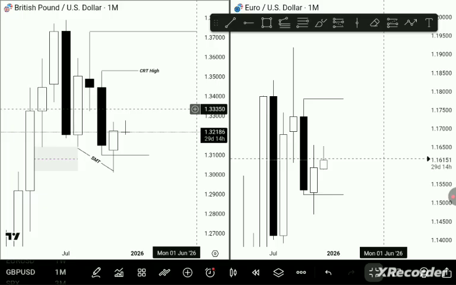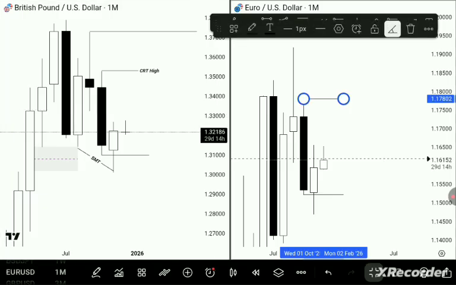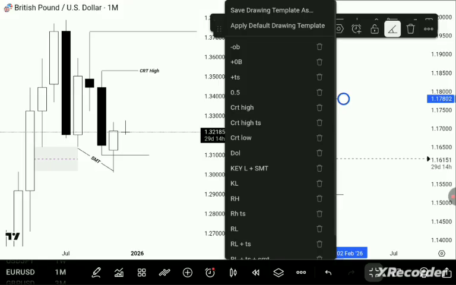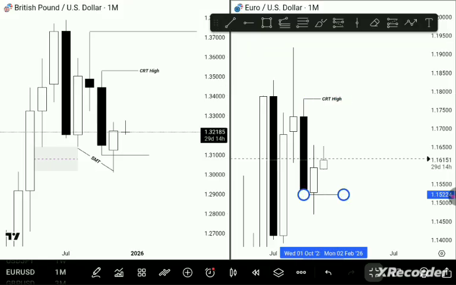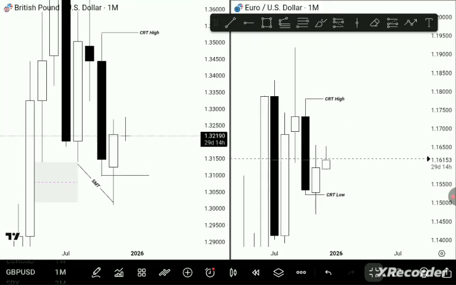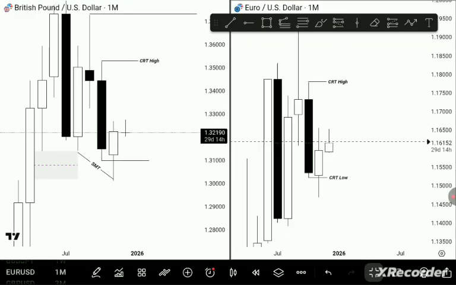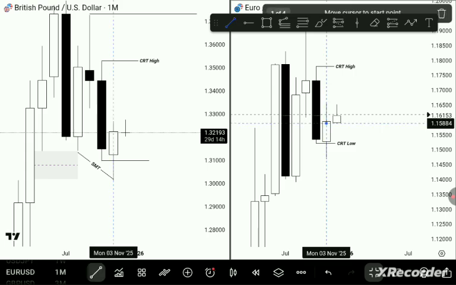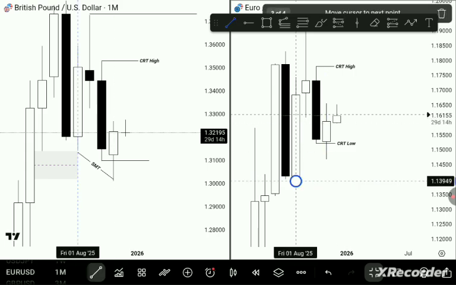So your bias automatically becomes bullish, and your draw of liquidity becomes the CRT high, right? And this is wonderful because we also have this symmetrical discrepancy, the SMT, which you must all be able to notice. This one.